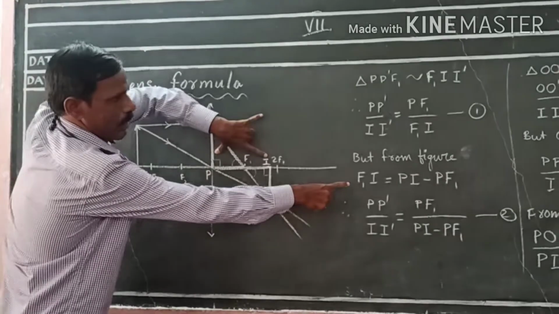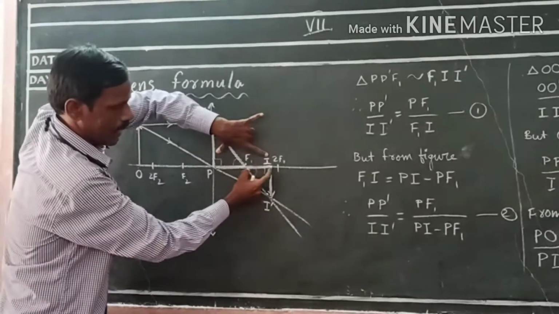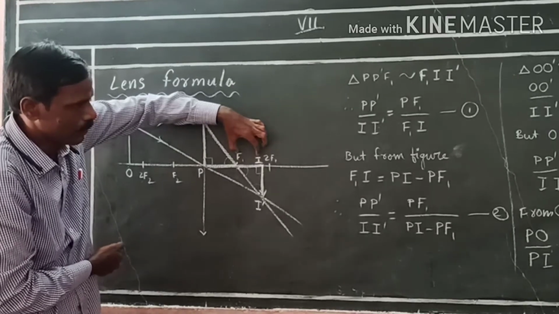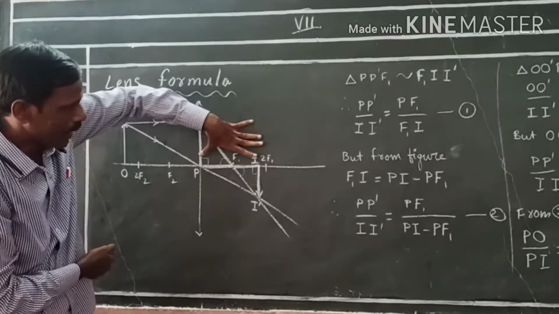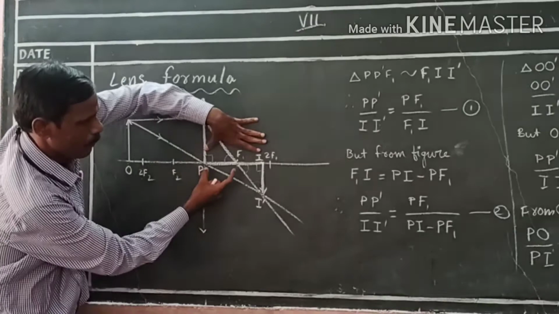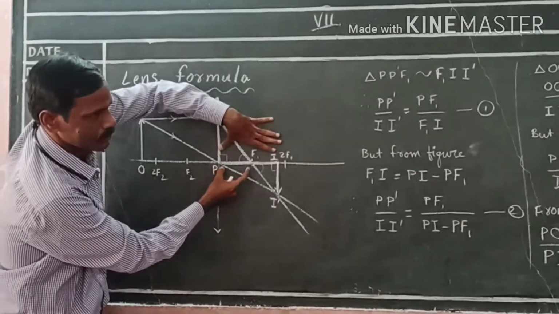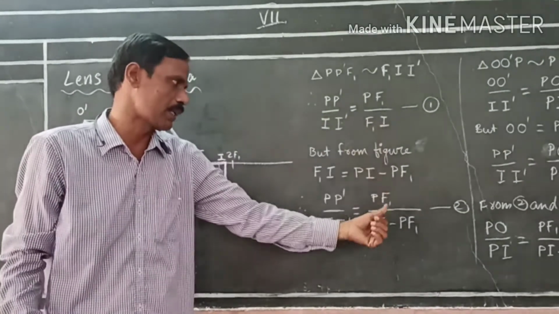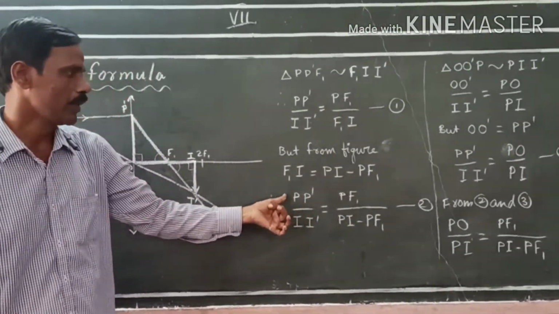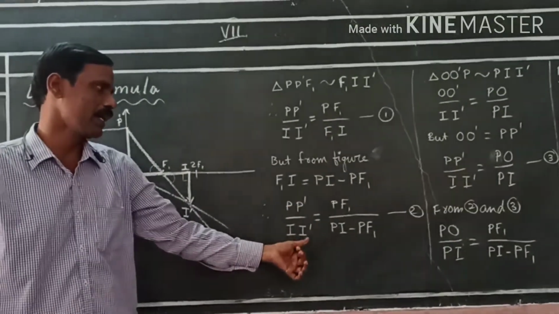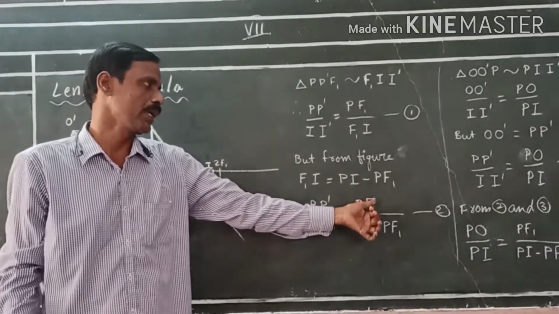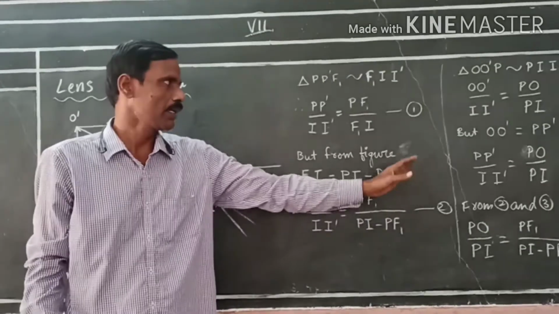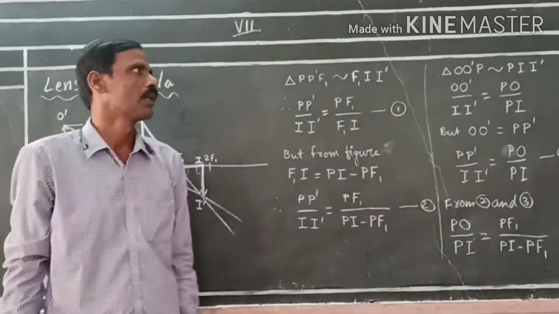Substituting PI minus PF1 in place of F1I, we get PP'/II' is equal to PF1/(PI minus PF1). Let this be equation number 2.